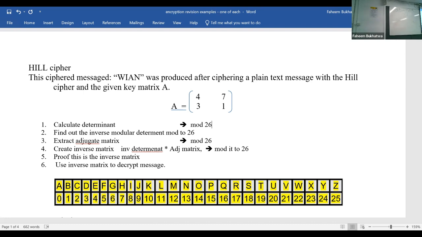You'll not have the inverse of the determinant either. And then 22. And then 3, 4.